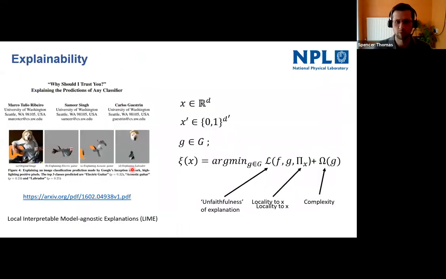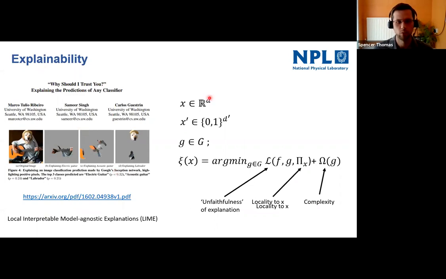Now I'm going to talk a little bit about some of the tools you can use to probe your models and find out what they're doing. There's a very interesting tool called Lime, which is introduced in this paper to help the explainability of models.